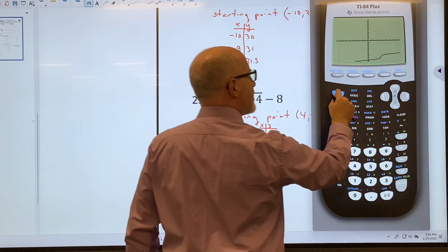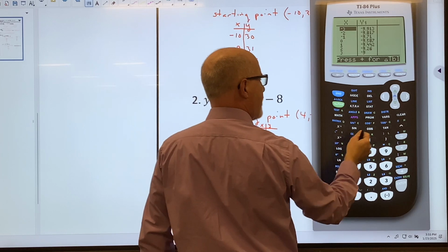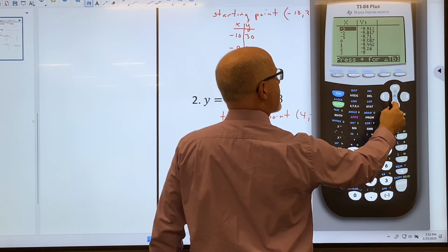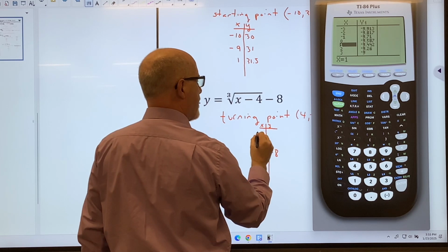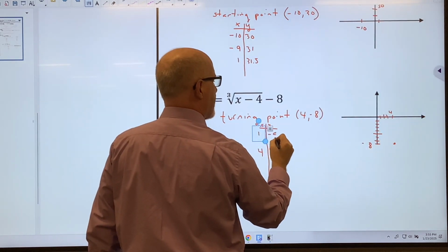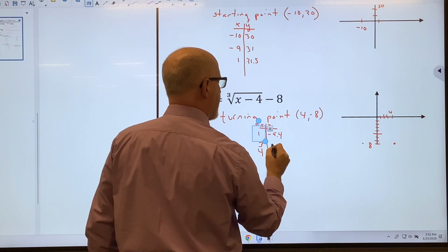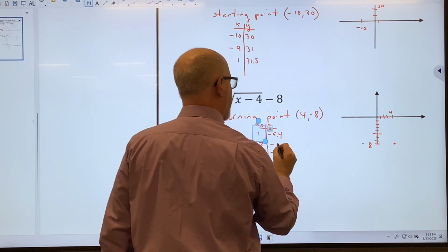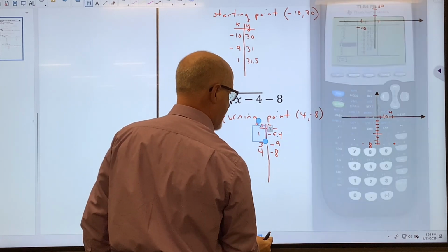Let's look at some other values on the table. We're going to go to the left of 4. So let's go with maybe 1 and -9.4. And at 3, I believe we had -9. Let's confirm that.